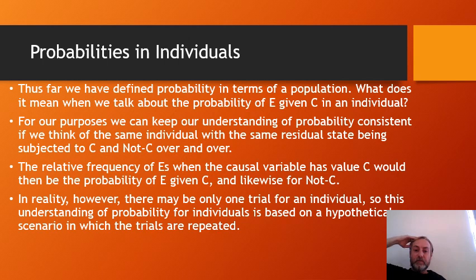So in those cases, using this understanding of probability for individuals involves a hypothetical scenario where you think, what if they lived their whole life and didn't smoke? And what if we imagine that 100 times or something like that? Then we can use our same notion of probability and talk about probabilities for individuals.